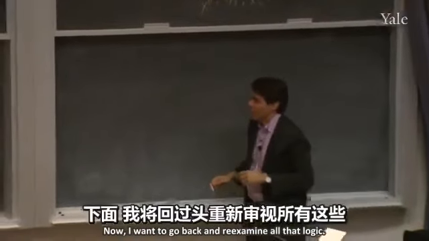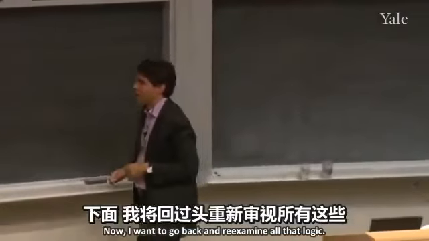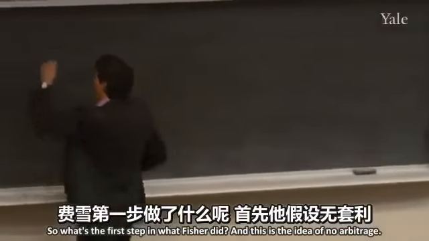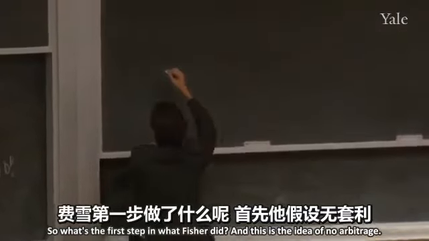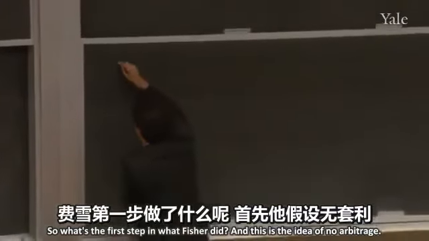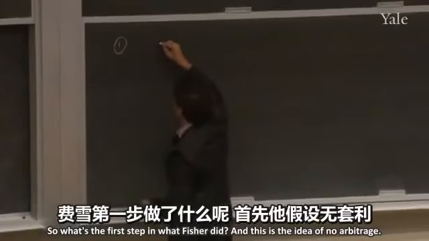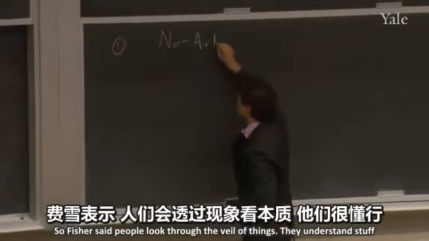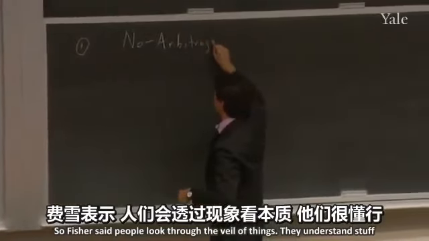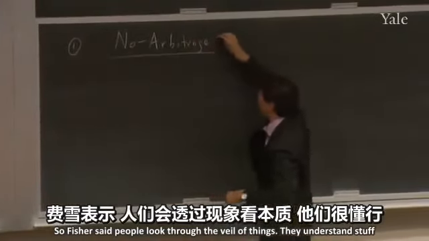Now I want to go back and re-examine all that logic. Okay, so what's the first step in what Fisher did? Okay, and this is the idea of no arbitrage. Fisher said people look through the veil of things.